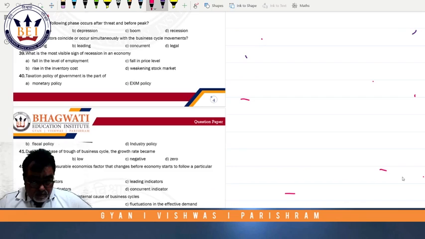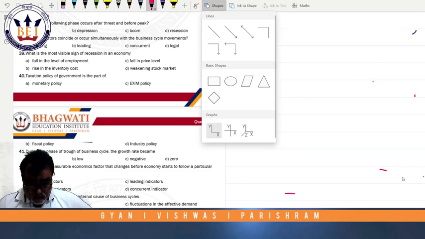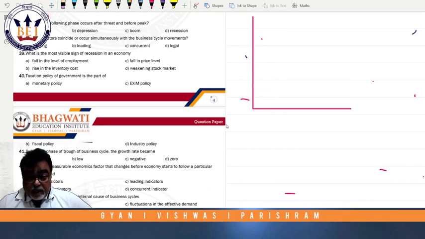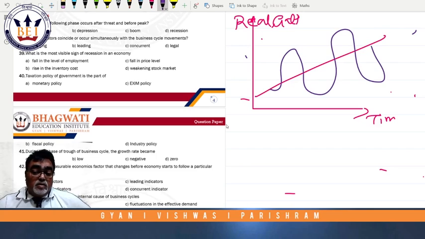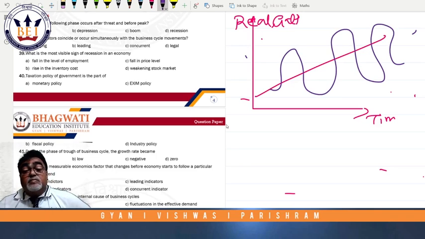First, it is the business cycle. For your knowledge, this concept of the business cycle was first given by Professor John Maynard Keynes. Here it is, say real GDP, some people call it income, and here it is time period. So the business cycle has different phases.